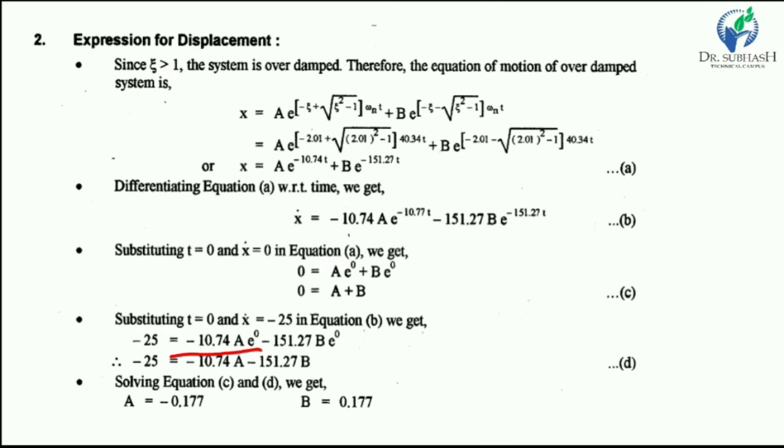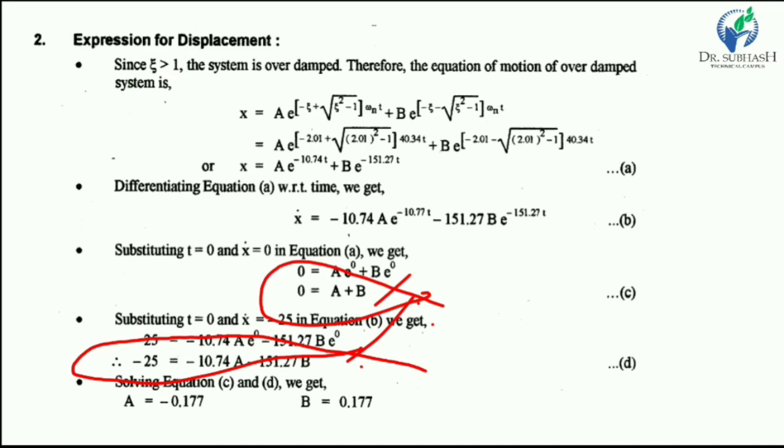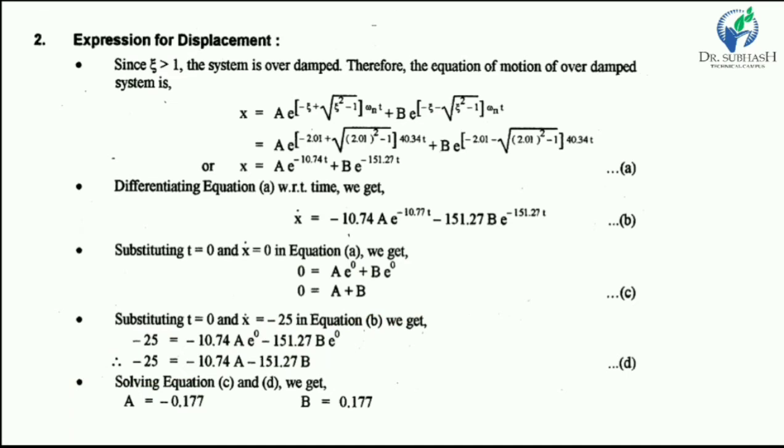Here the e raised to t value is 0, so e raised to 0 is 1. So we have the value in A and B. Now from this equation and equations C and D, solving both equations, we get the values of A and B.